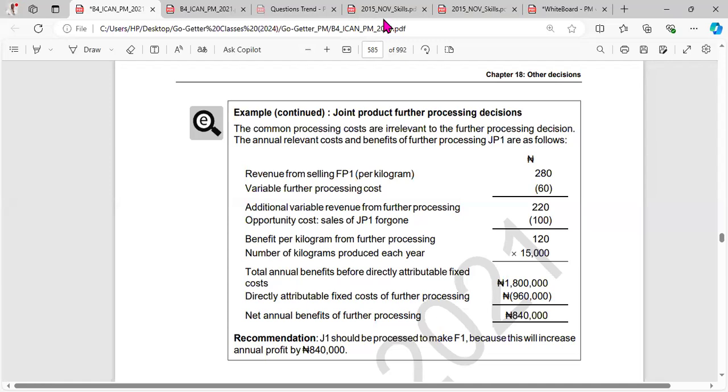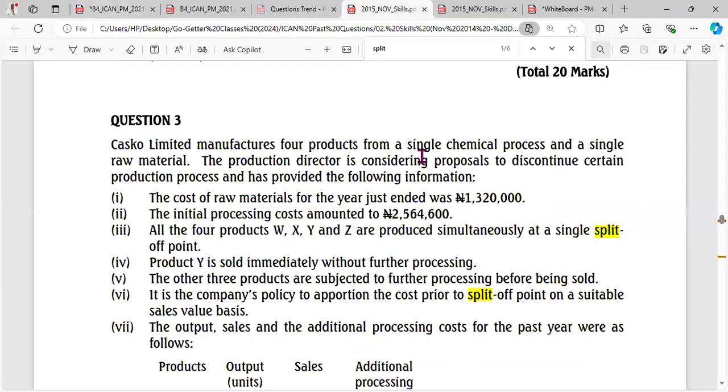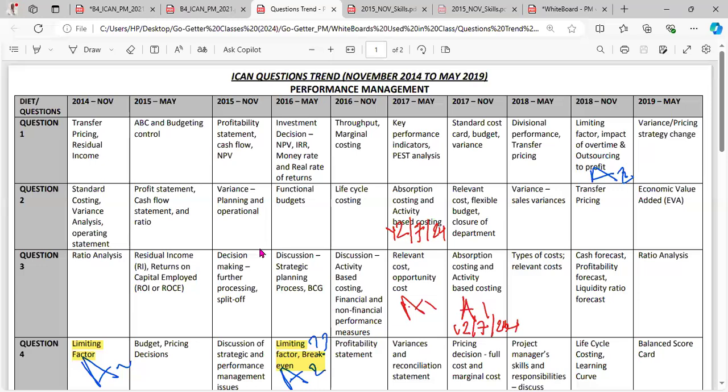We now come to our past question analysis here. Let's look at the question here. We have November 2015, question number 3. Let me also see if I can see another.